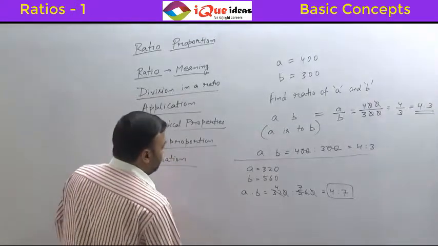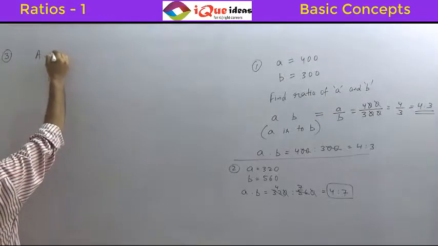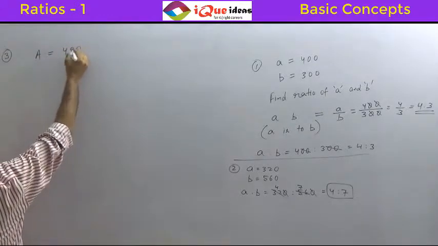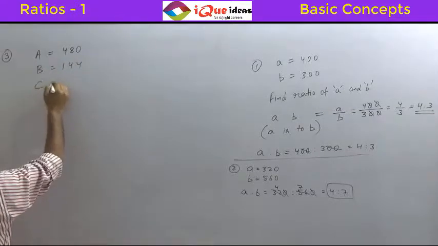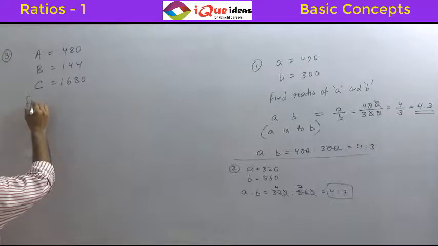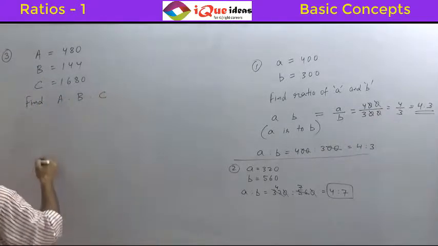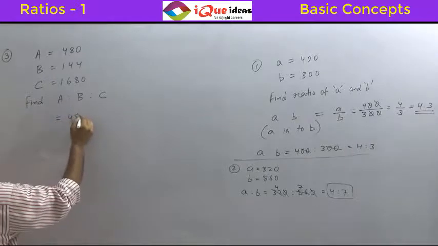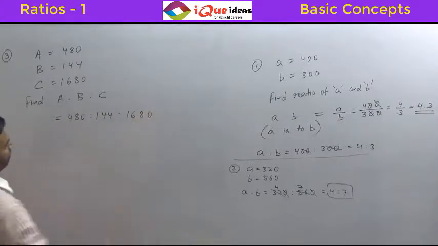Alright, let's take some more examples. A is equal to 480, B is equal to 144, C is equal to 1680. Find A is to B is to C. So we simply write it equal to 480 is to 144 is to 1680.